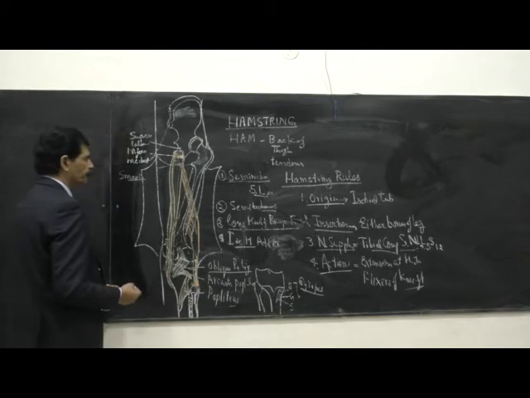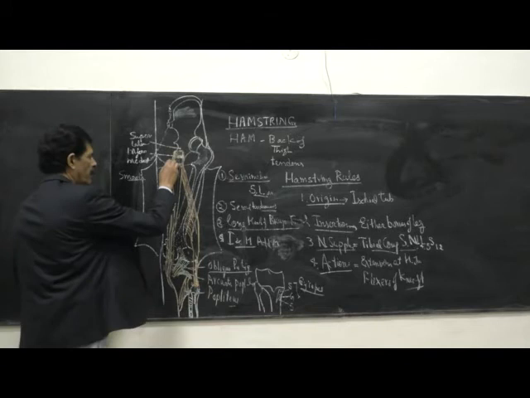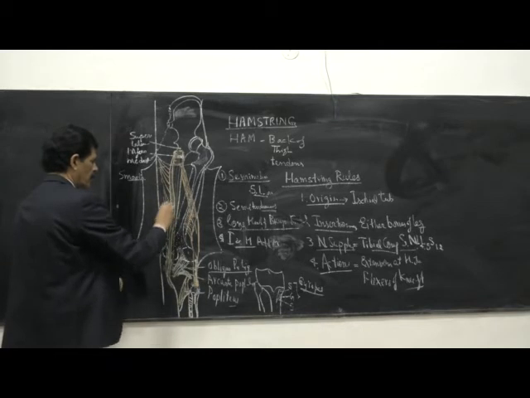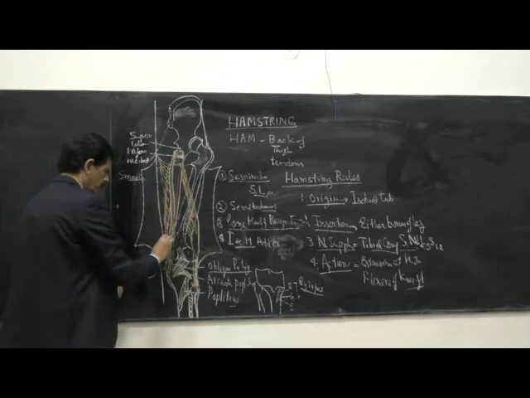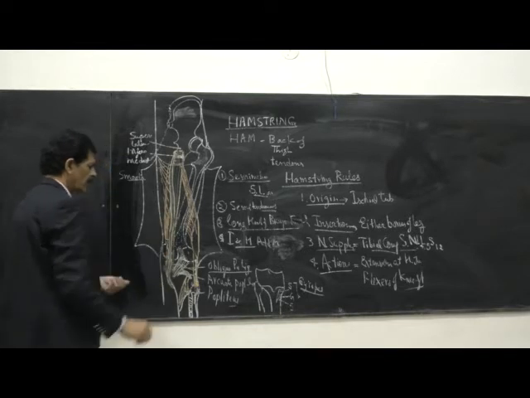So the other fibers of the adductor magnus go there, while the ischial fibers are inserted over the adductor tubercle. They are tendinous.